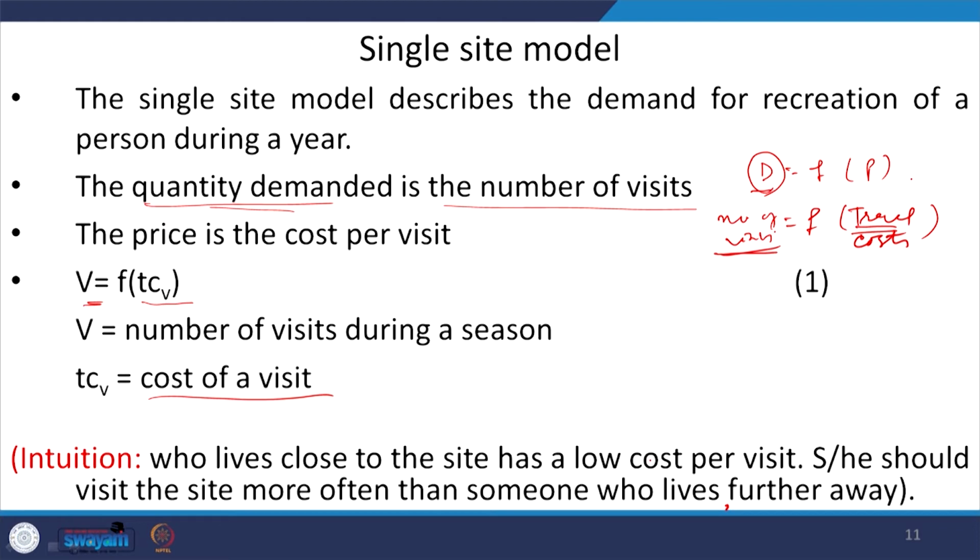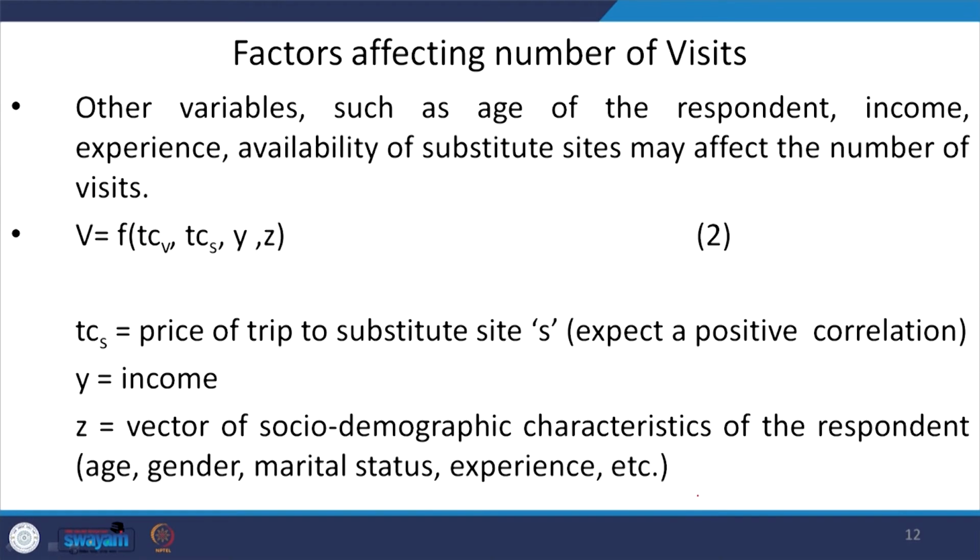That means, if a person is living very far from that particular site, then it is very likely that he or she would make fewer visits to that particular site in a year or in whatever time duration is under consideration.